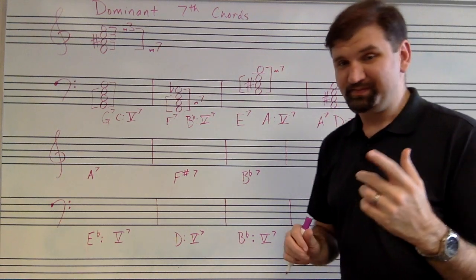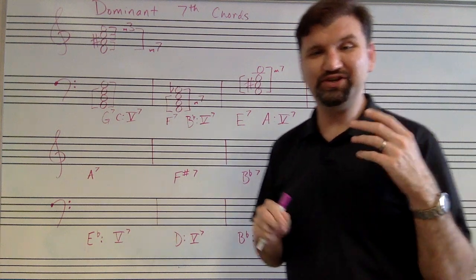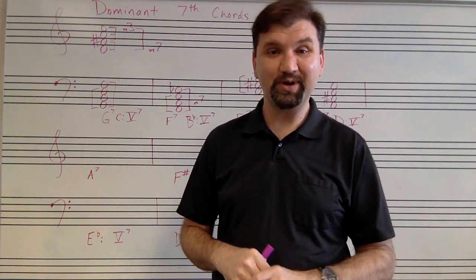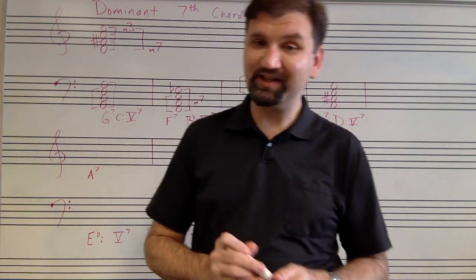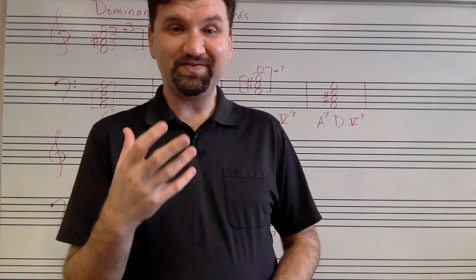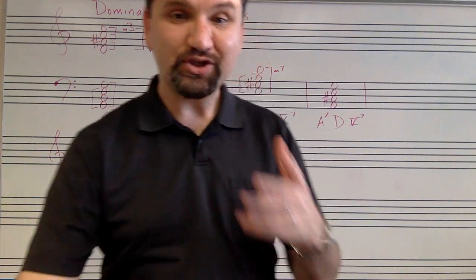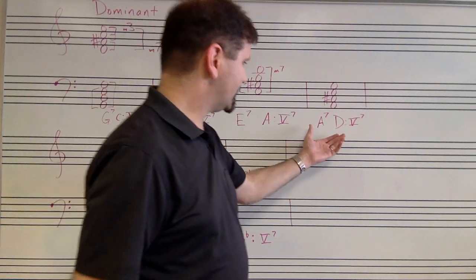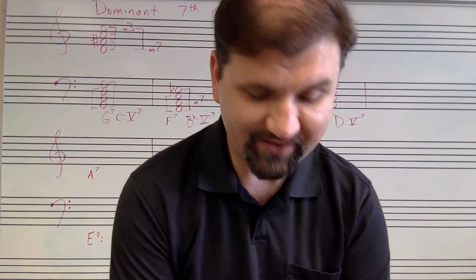For the record, I'm writing major on all of these, but I could have just as easily written minor. Because in harmonic minor, we raise the leading tone, which means that the 5 is a major 5 and the 5-7 is a dominant 7. So for instance, for this right here, I said in D major, I have an A7.